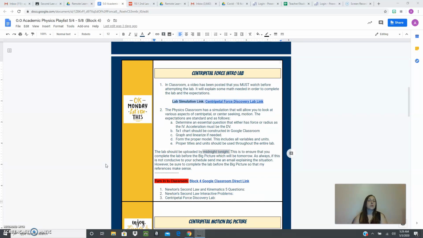So we will start with a discovery lab, pretty much like the discovery labs we've always done. You will have the same requirements. Here's your essential question, do a 5 by 1 chart. You don't need a 5 by 3 since unfortunately you will be using the simulation, but you'll graph it, linearize, and form the model.